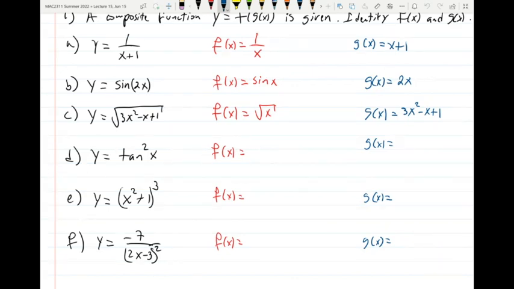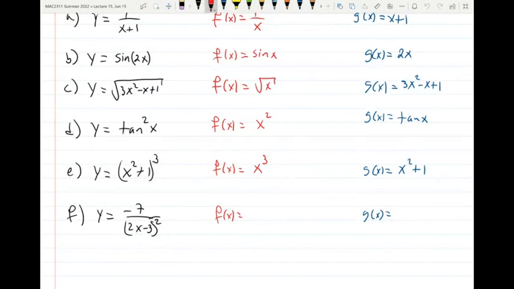All right, let's see. D. What is it? f of x equals x squared. And what's g? g of x equals tangent of x. Good. Does everybody understand this? Okay, good. How about E? x cubed, and then x squared plus 1. Good.